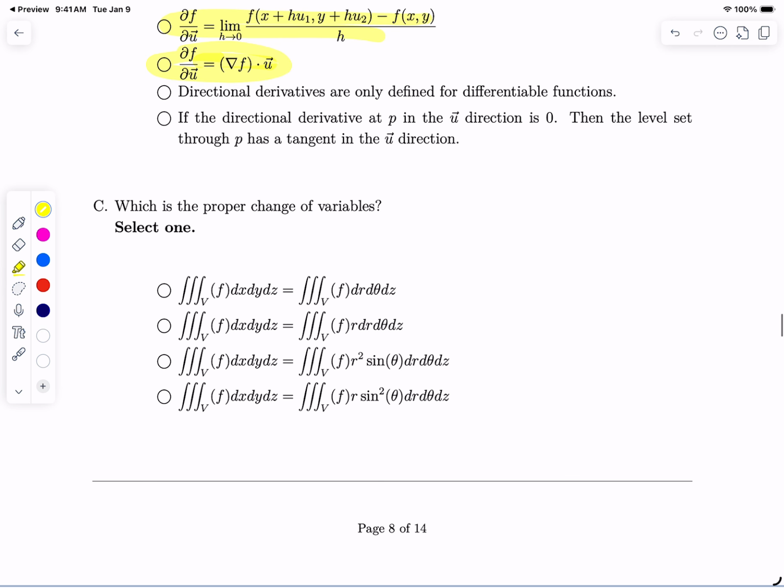I think it's not true. How about C? Select one only. Tell me which one is true. The second one. Because this is just a change to cylindrical coordinates. So the volume element is r dr d theta dz.